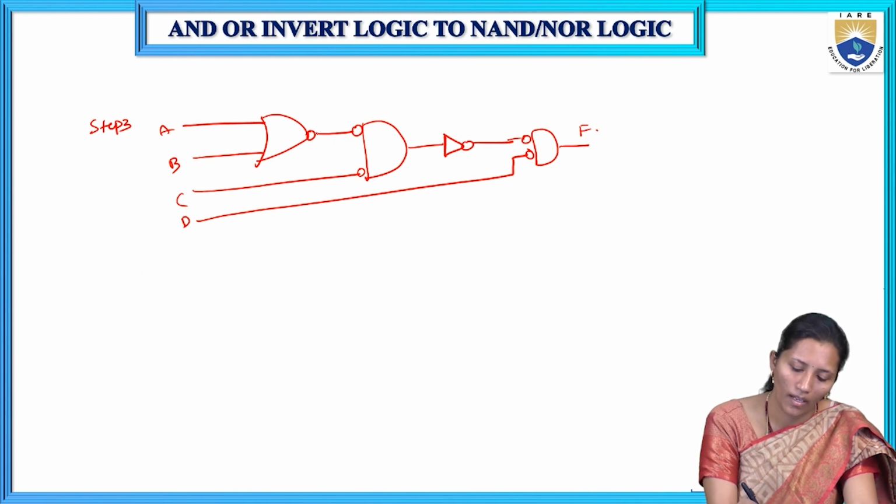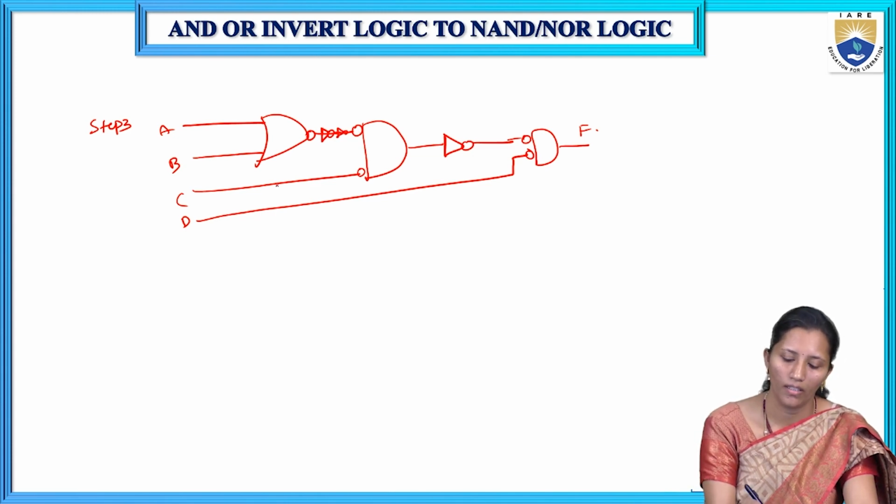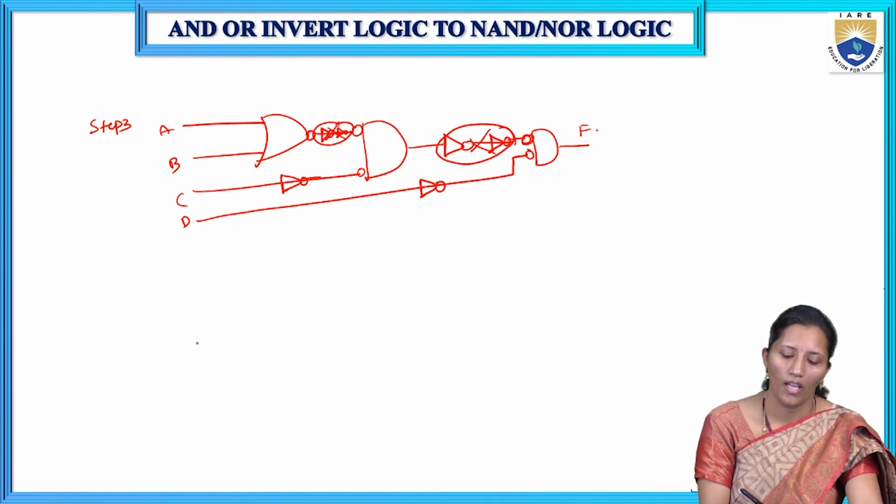So here we have to add one inverter here. We have 2 bubbles we added, so I added 2 inverters here. Here also I have to add one inverter, here also, because in that line I added one bubble. Here also we have to add one bubble. So here we have back-to-back inverters. We have to eliminate those inverters, and bubbled AND is equal to the NOR gate.